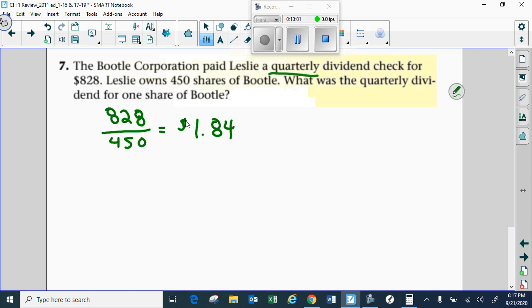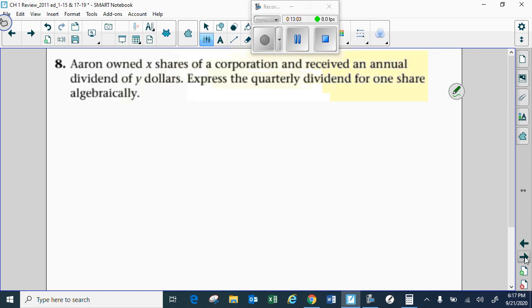Okay, number 8. Aaron owned X shares of the corporation and received an annual dividend of Y dollars. That's the dividend. Express the quarterly dividend. Okay, so here, that's the annual dividend of Y dollars, right? That's for the whole year, but they want the quarterly dividend.